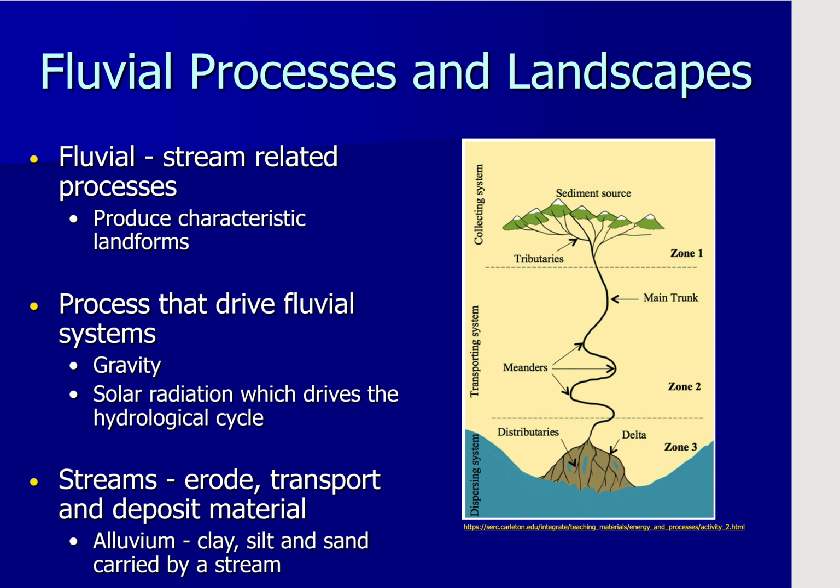So when we talk about landscape formation with the use of water, we consider those fluvial processes. And fluvial processes are driven by two things: gravity. Where water falls on the surface of the earth, gravity then pulls that to the lowest point.